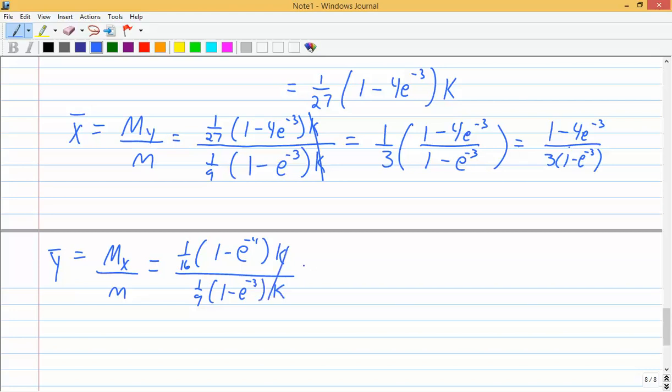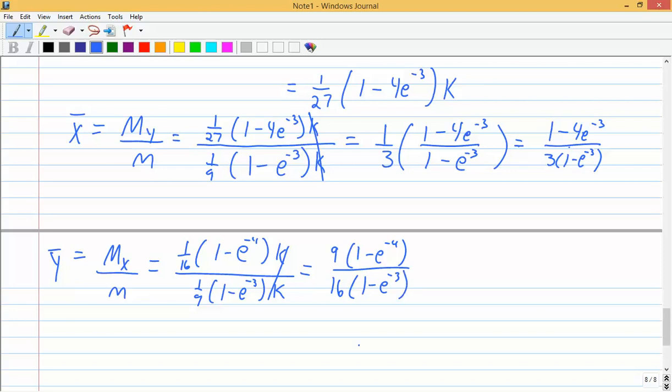The k's cancel out. Whenever you simplify that, you end up getting 9 times 1 minus e to the -4 over 16 times 1 minus e to the -3.